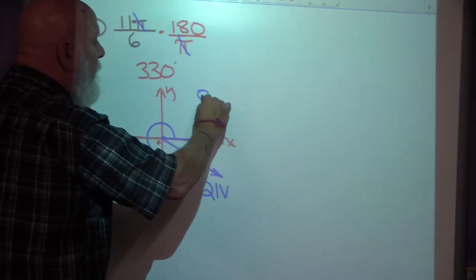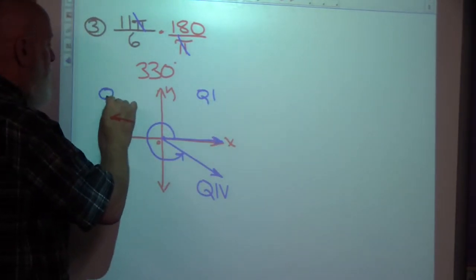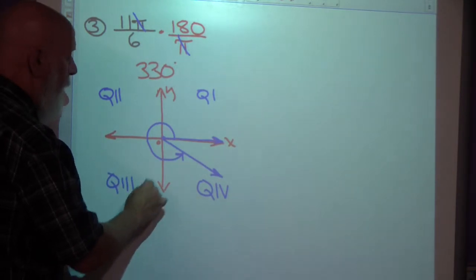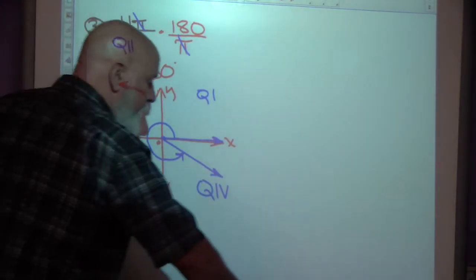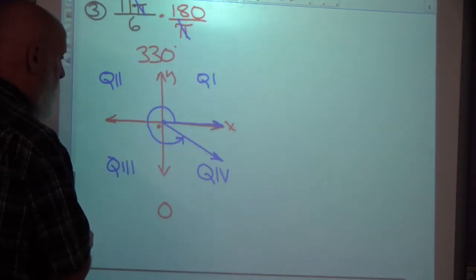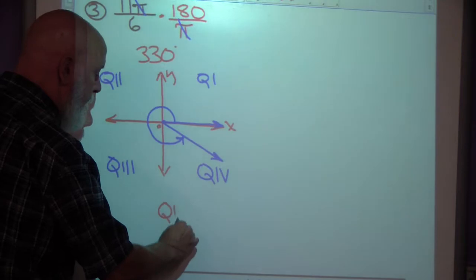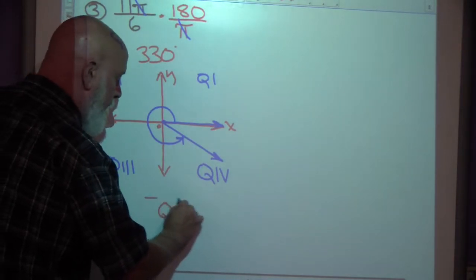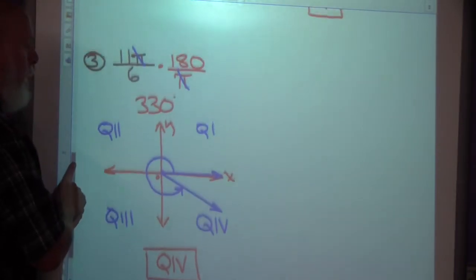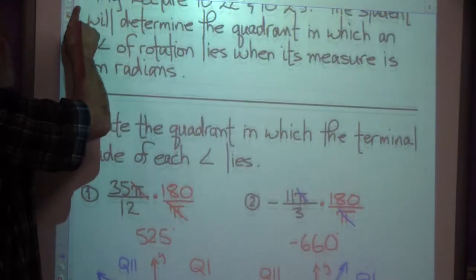Remembering that this is quadrant 1, quadrant 2, quadrant 3. The terminal side stops in quadrant 4 in this case, and so that's our answer, quadrant 4. There we go, and that was what we were asked to do.